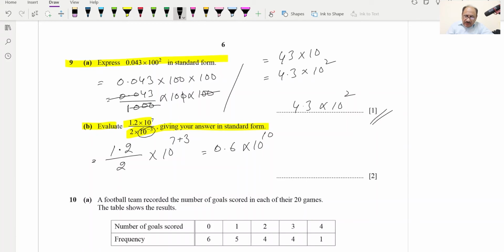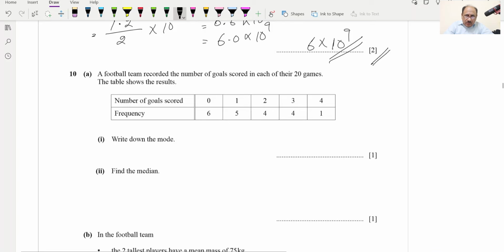And to write in standard form, we need this decimal to be moved after 6. So to move after 6, we'll write 6.0 into 10 raised to 1 reduced, because we have moved the decimal to the right. So this will be 6.0 into 10 raised to 9, or you can write 6 into 10 raised to the power 9. This will also be a correct answer. This will be for 2 marks.